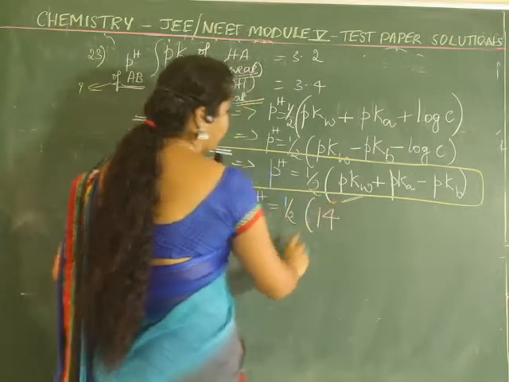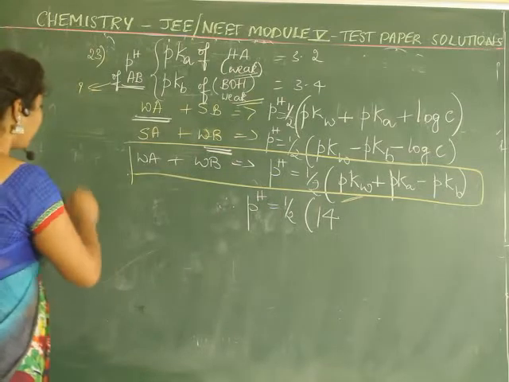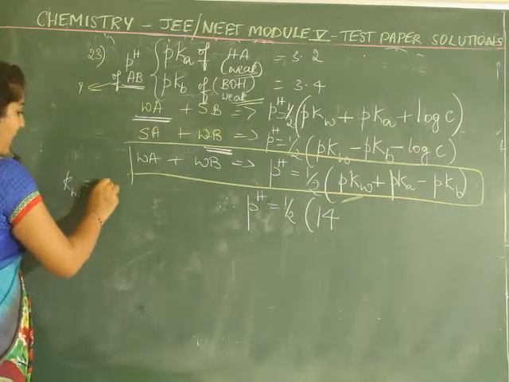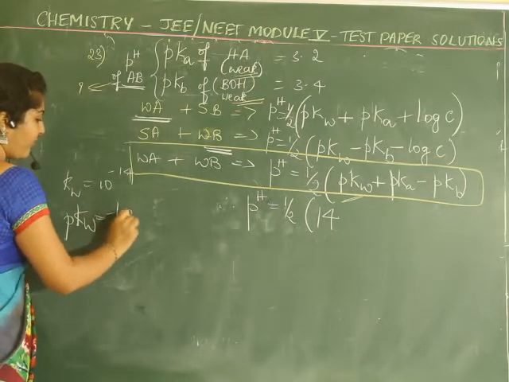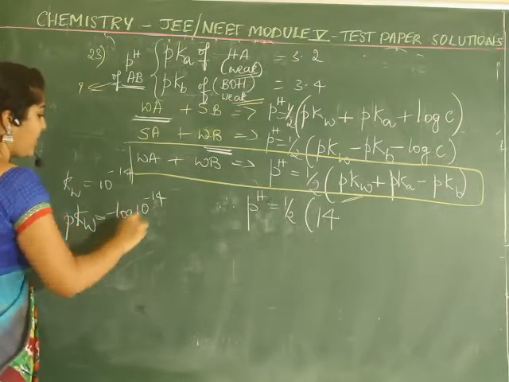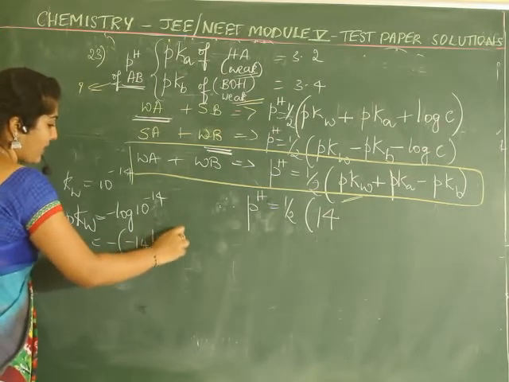pKw is 14, as Kw is 10 to the power minus 14. pKw is minus log of 10 to the power minus 14. So it becomes minus of minus 14 log 10. Log 10 is 1.